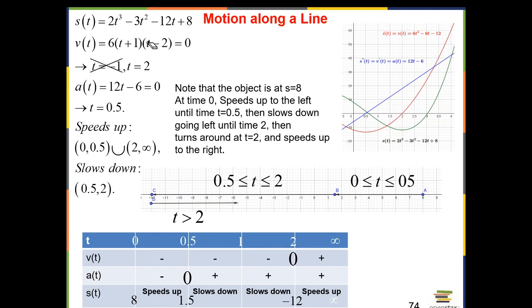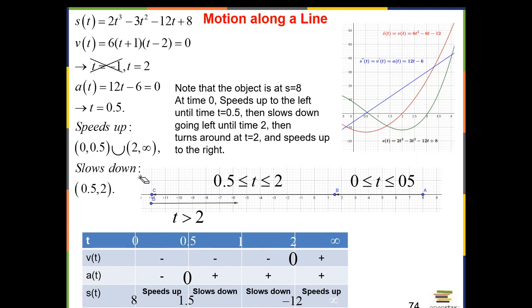So if we put a 1 here, that's a negative, and that's a positive, so that would be negative. So basically over here, the velocity is negative, right? And what about after 2? Let's say pick a 3 and put it here. 3 minus 2, positive. 3 plus 1, positive. 6, positive. So this is positive. So velocity is positive here, is negative here.